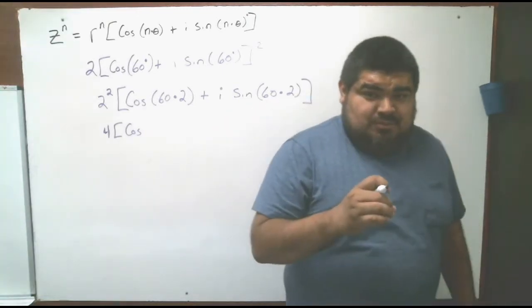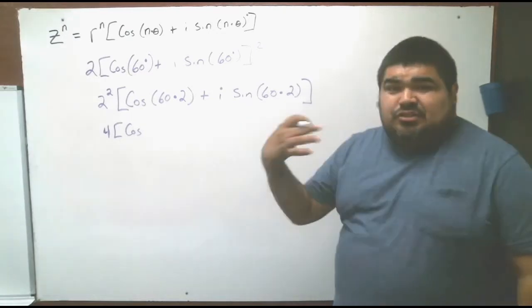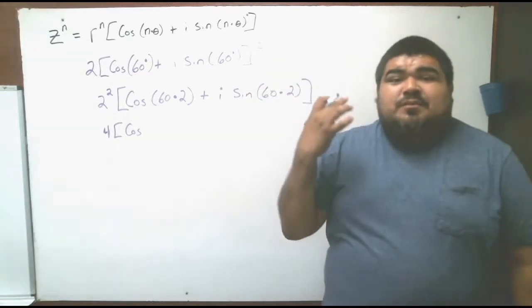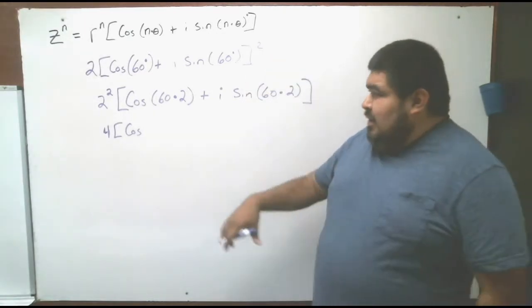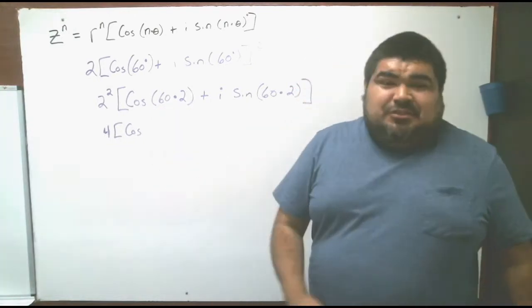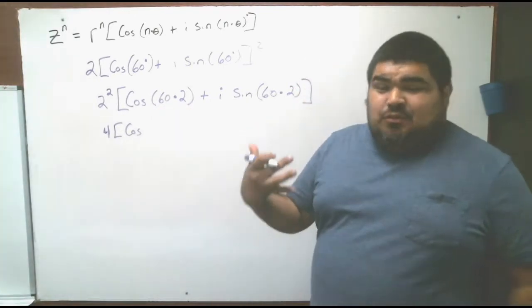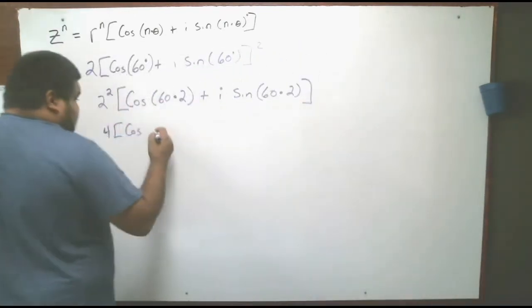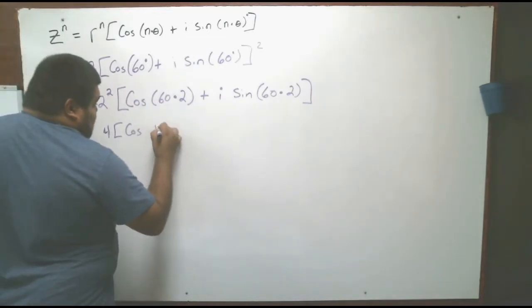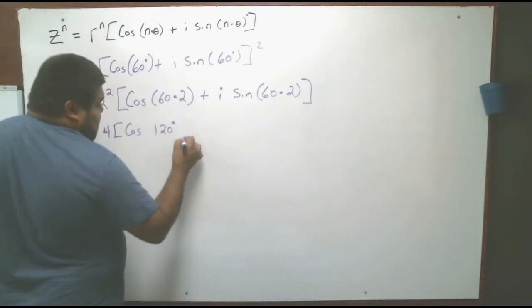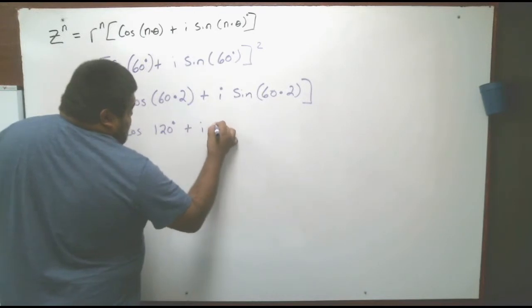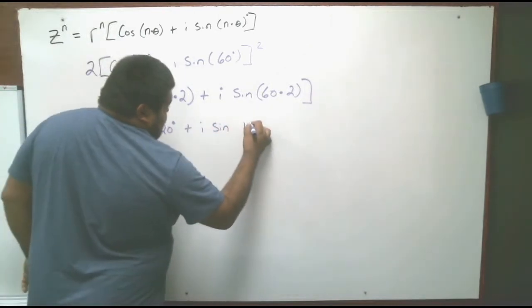It's up to you. I'm going to do it this way just to do those extra steps so everybody can understand it really well. So I'm going to multiply 60 degrees times 2. 60 times 2 is 120 degrees. So cosine of 120 degrees plus i sine of 120 degrees.